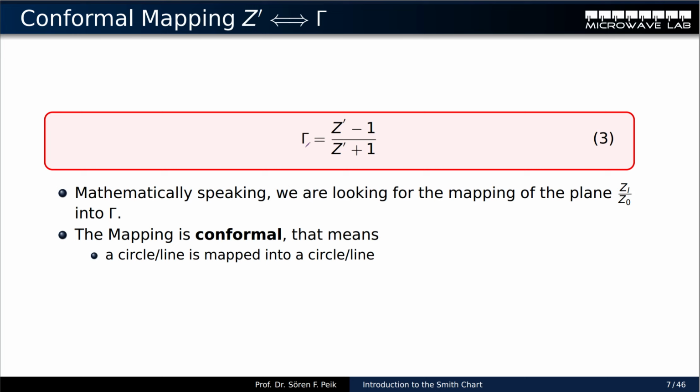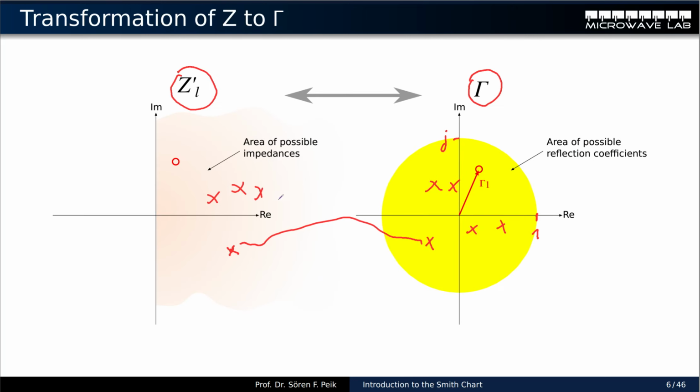A mapping is a general mathematical term, but in our case it means we map one complex number z to another complex number gamma. And since this function is a conformal mapping, all z values that form a circle will also lie on a circle in the gamma plane. The circle can have a different center and a different radius, however, it's still a circle.